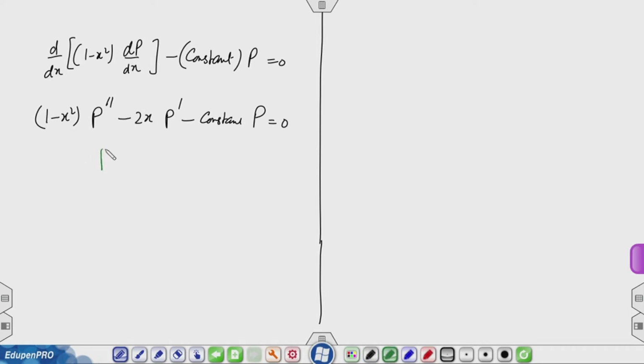So, I have p of x, which should be, number 1, well behaved.